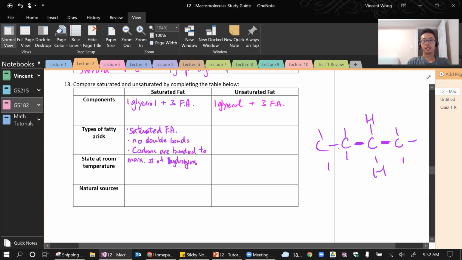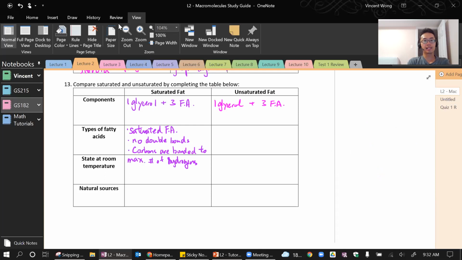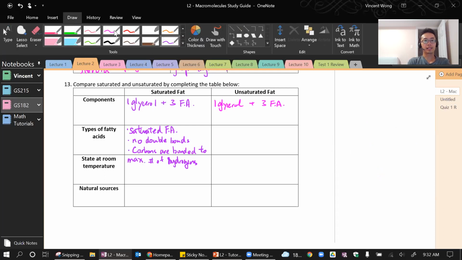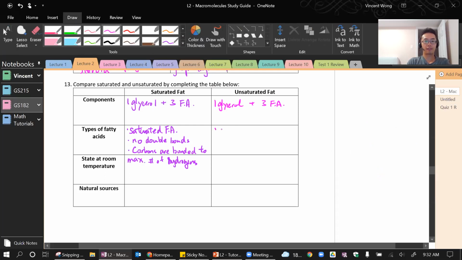On the other hand, the unsaturated fat, you would have a mix of saturated plus unsaturated fatty acid. Up to three unsaturated fatty acids. Sometimes it's one unsaturated. Remember, it has three tails.